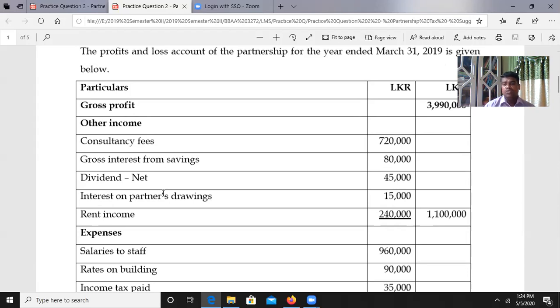So you don't need to do any adjustment when you calculate the assessable business income from the partnership, because you already added that amount when you calculated the financial accounting profit. So up to now, I hope that we have completed notes and other income. I hope that you may have a better understanding with the explanation.